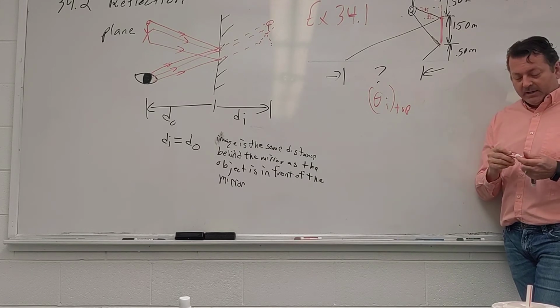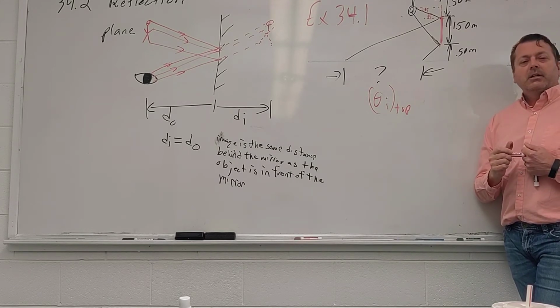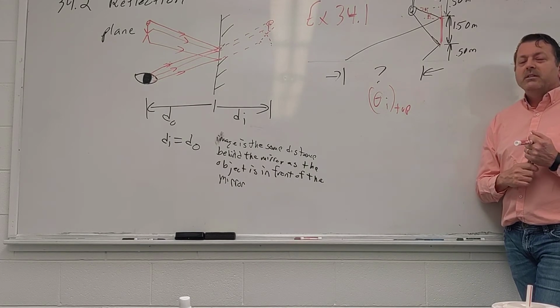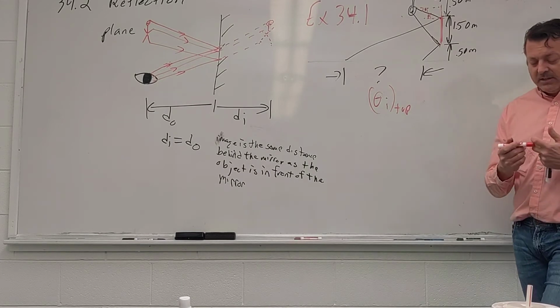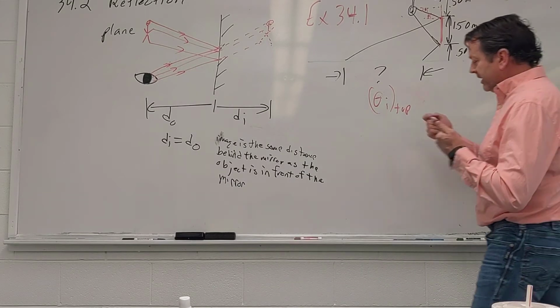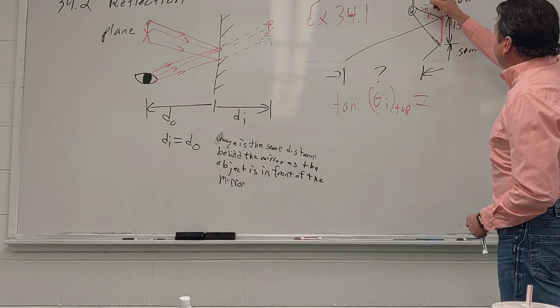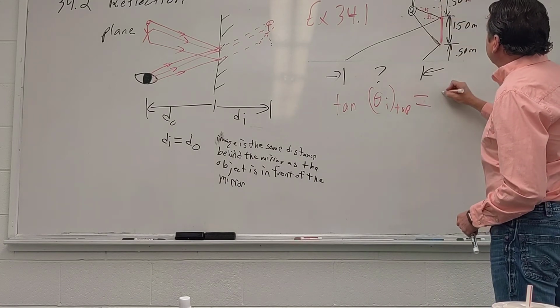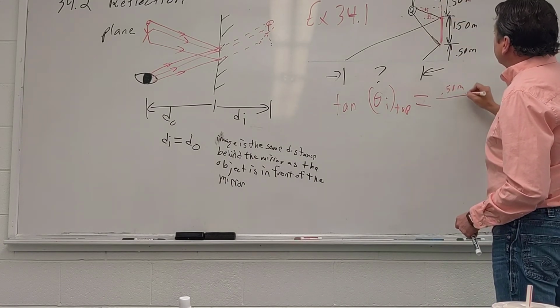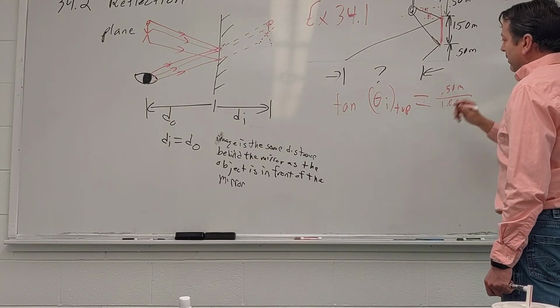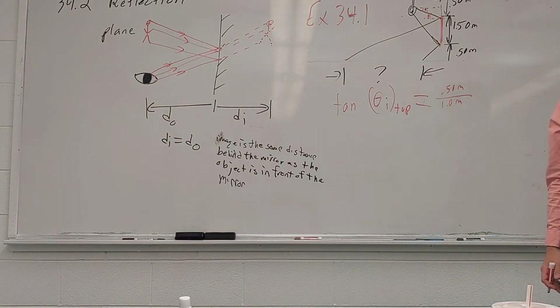No, it's not sine, Nick. It's not cosine, Nick. What's the only one left? Tangent. Very good. So the tangent of this angle theta is equal to opposite over adjacent, 0.50 meters over 1.0 meters. I'll let you do the math to find what that is.